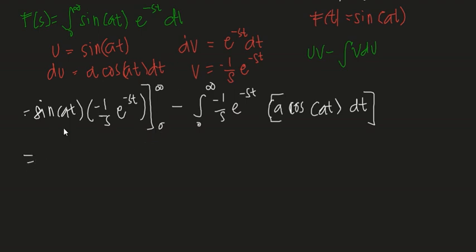So we will have sine of your infinity is equal, so a multiplied by infinity will be equal to infinity. So this is equal to sine of infinity.